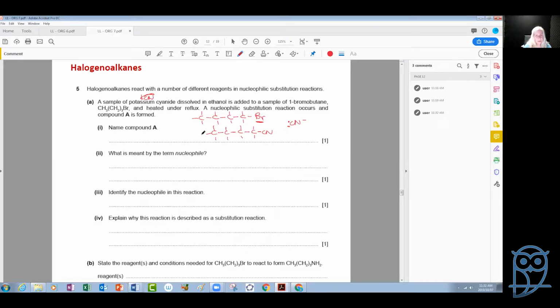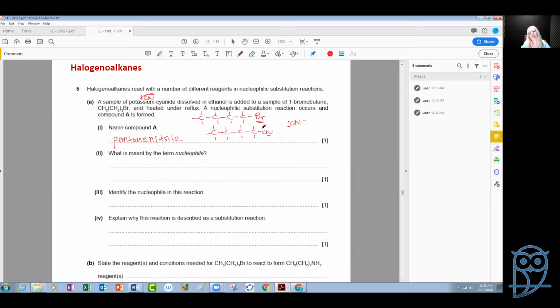So this would be called pentanenitrile, because this is the nitrile group. So the name of this compound is pentanenitrile. So this is the name of compound A.